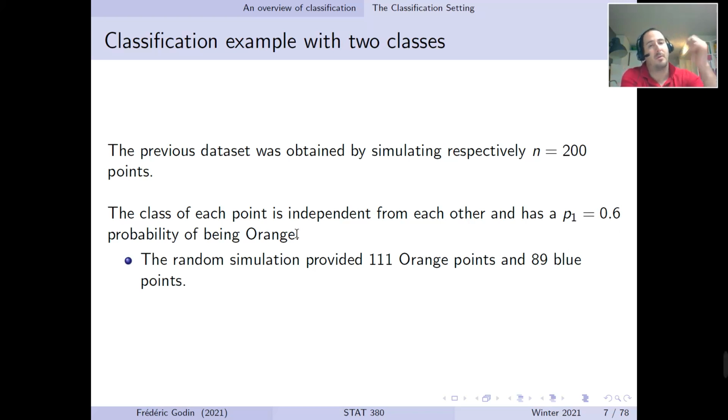All the points were simulated independently. Ultimately, the simulation provided 111 orange points and 89 blue points. So it's not exactly 120, the expected value. It slightly departs from the expected number of orange or blue points.